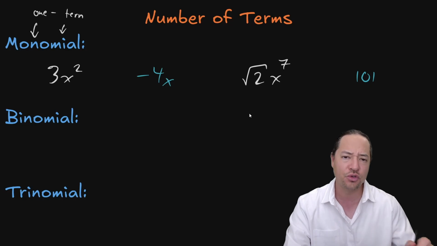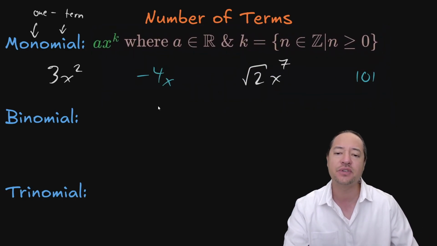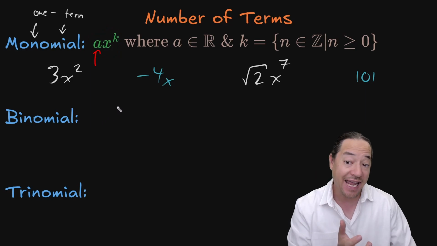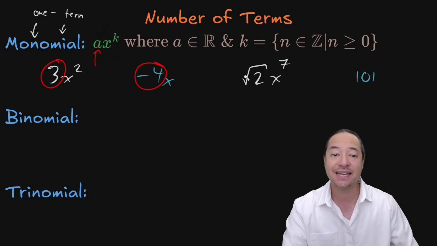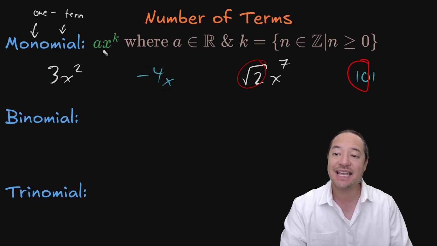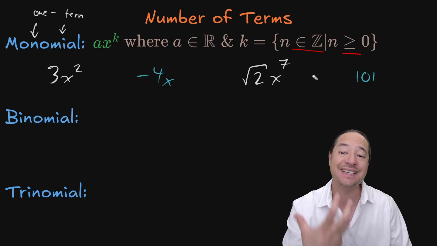Let me give you the rule here. The rule looks a little intimidating, but really the idea is a monomial is going to have a form of a x to the k power, where this number a in the beginning is a real number. And this x to the k, this k is going to be some integer greater than or equal to 0, so some non-negative integer.